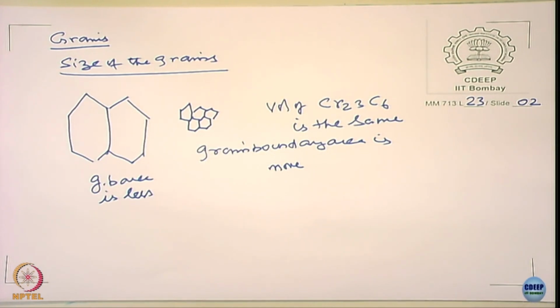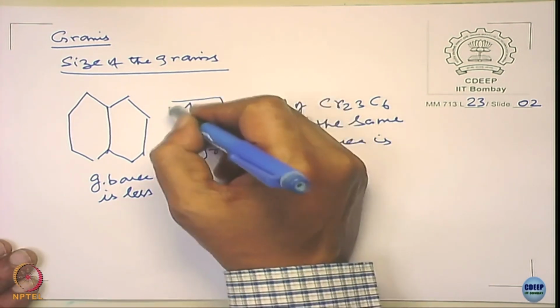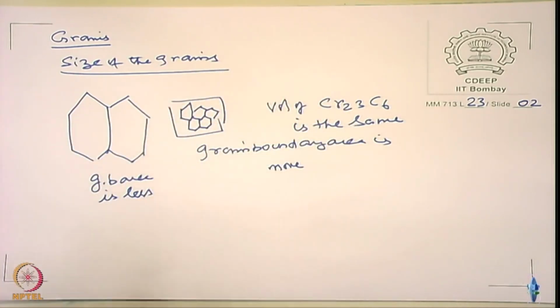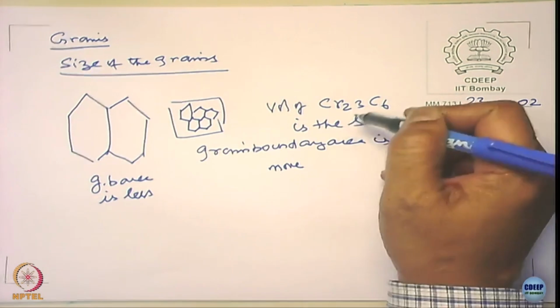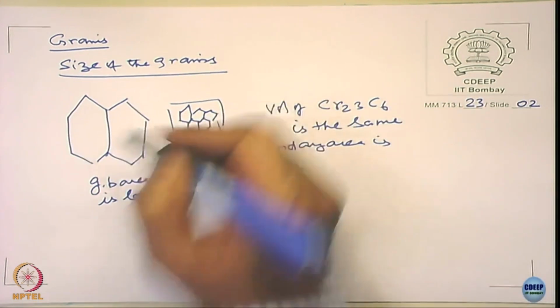So if the number of grains is increasing in a given volume, then the grain boundary area is more. So if I distribute this chromium carbide here and here, the distribution becomes more dense here.